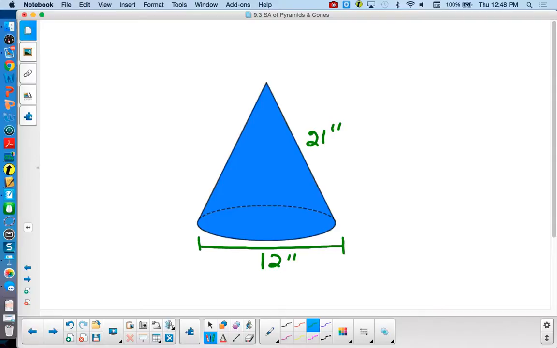It does say nearest whole number on the cones, so you can practice that here. Nearest whole number.